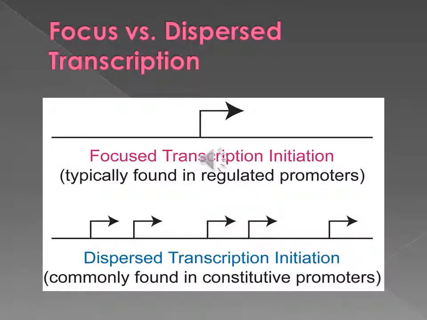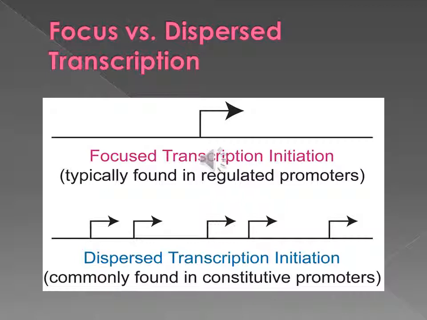In focused transcription, there is either a single major transcription start site, or several start sites within a narrow region of several nucleotides. Focused transcription is the predominant mode of transcription in simple organisms.